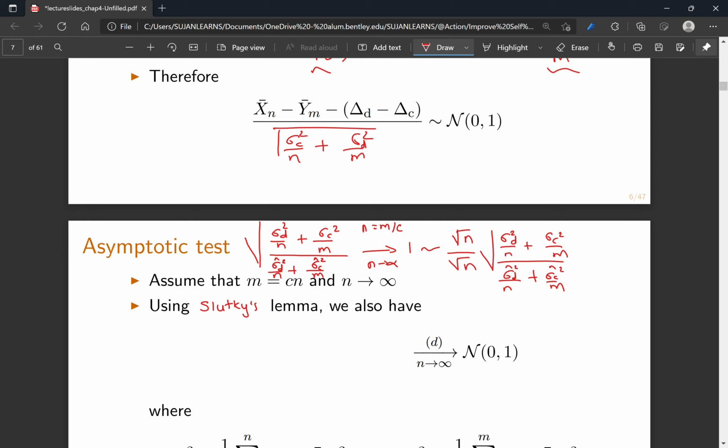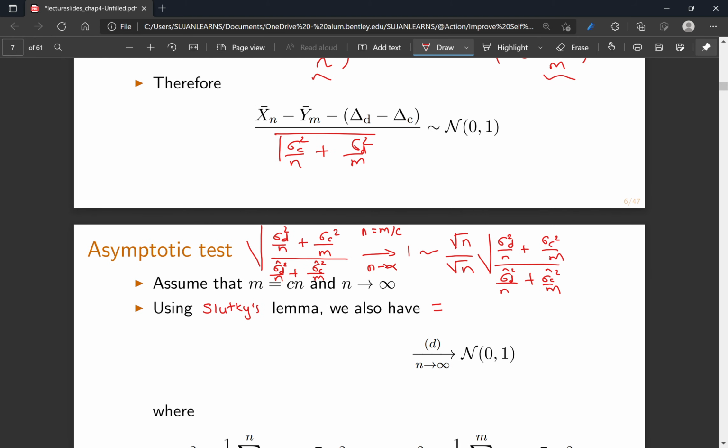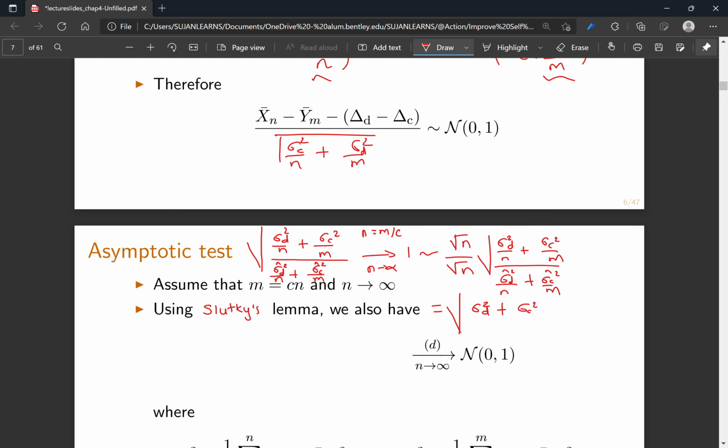What will happen if I multiply these two? Let me show you. If you multiply this, then it's going to be σ²d plus σ²c by c and d, and the denominator expression will be σ̂²d plus σ̂²c.